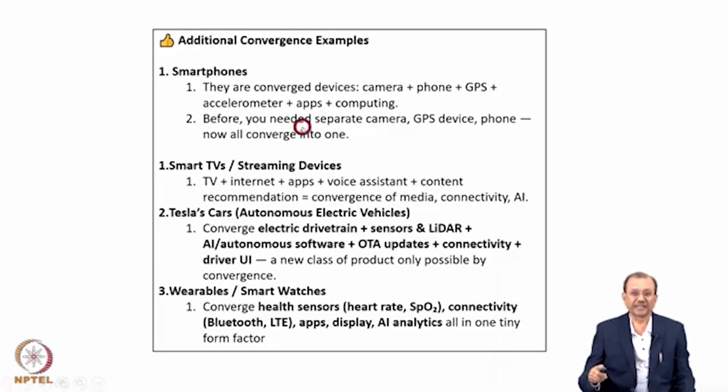It is a mini computer in our hand. Similarly, the smart TV is possible with the convergence of multiple technologies like internet, applications, voice assistant, and so forth. And Tesla cars and wearable smart watches are also convergent technologies.